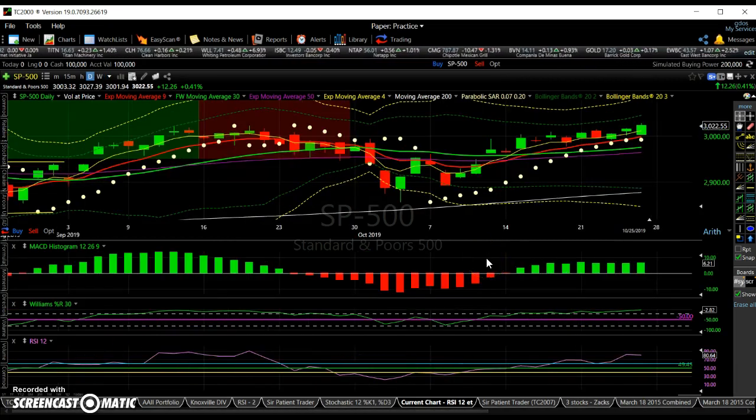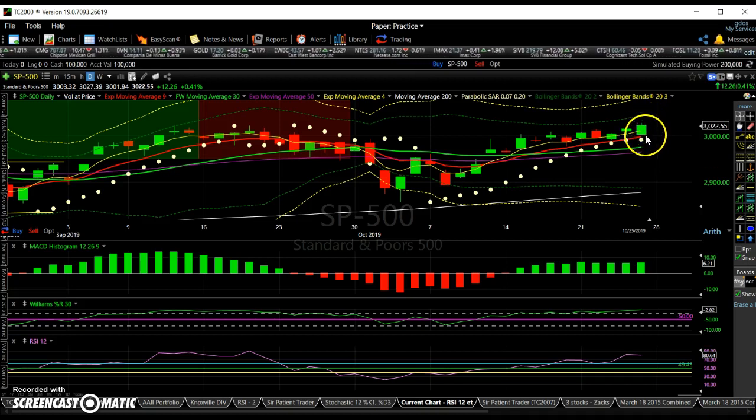On this daily chart of the S&P 500, as usual, we want to look at the moving averages. So the 4 is above the 9, the 9 is above the 30 weighted moving average, and the parabolic dots have remained below the most recent bars. Now, on the right side of the screen here, we have a bullish engulfing candle.